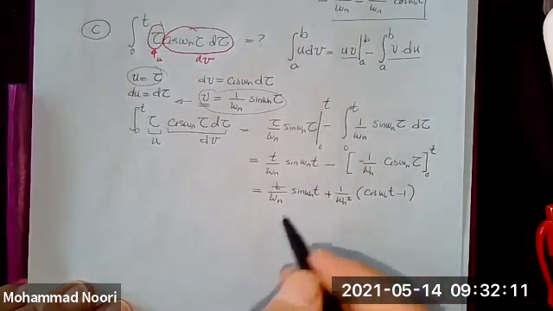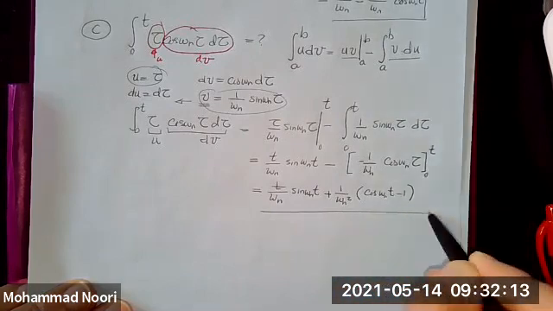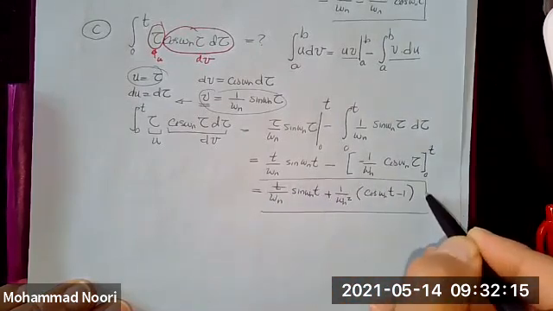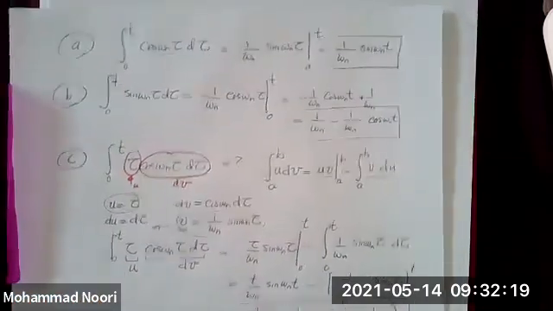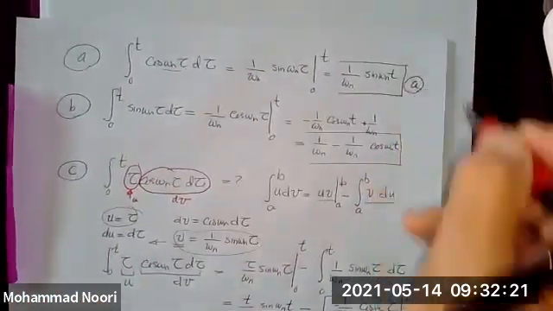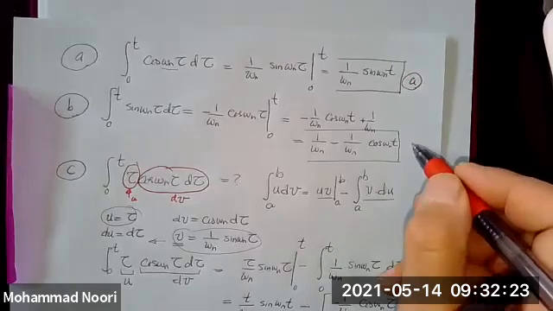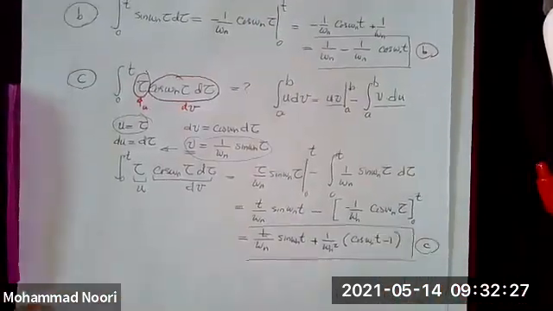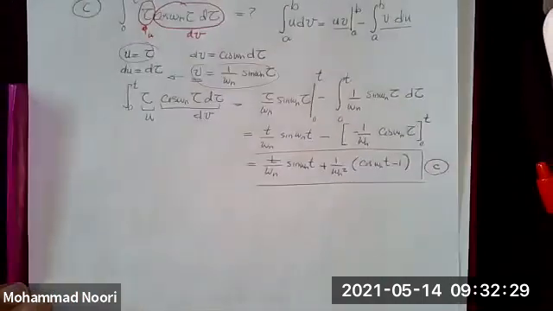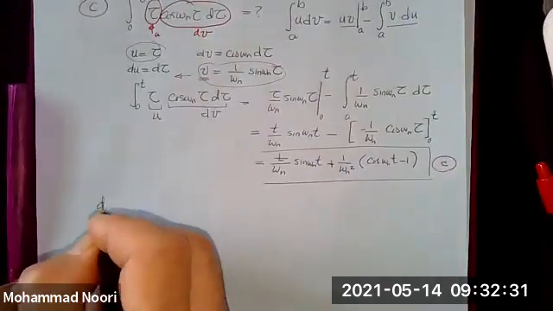That's the outcome. So this is integral C. Let me label these: this was A, this is B, and this is C. One more integral to evaluate, that is D.